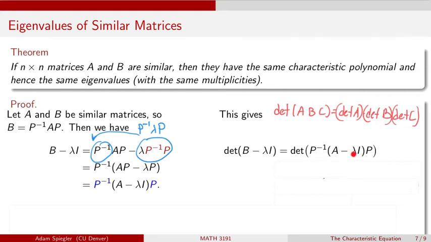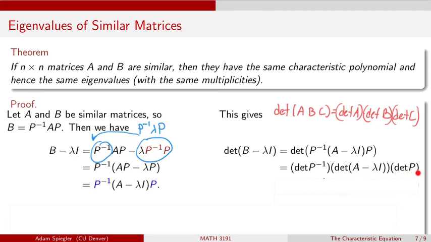So we can apply that to the product P inverse, A minus lambda I, P, and therefore the determinant of that product we can write as the determinant of P inverse times the determinant of A minus lambda I times the determinant of P.